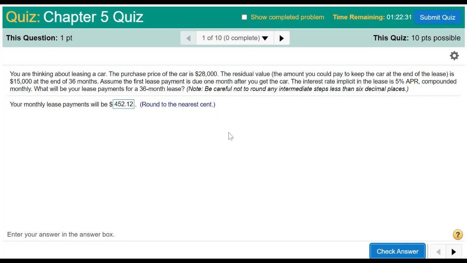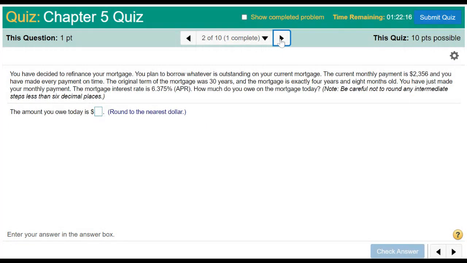Once you get that, all you have to do is calculate the monthly payment. You solve for payment. Any questions here? Okay.